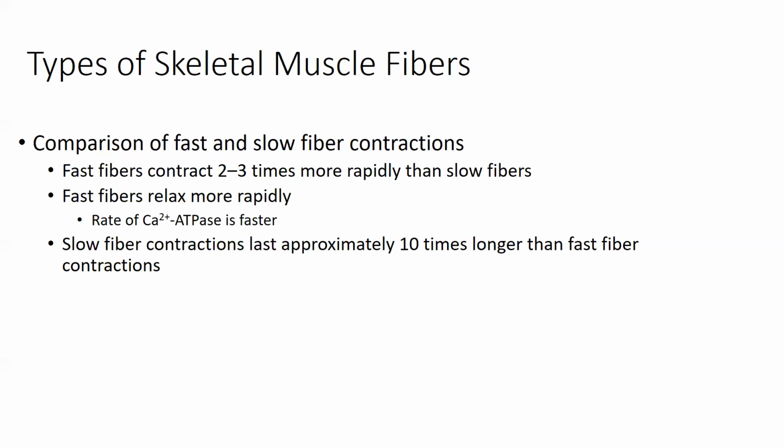And when I say contract, you should be visualizing what happens with cross-bridge cycling. That myosin head reaches up, grabs actin, drags it to the M line. It's going to be doing that at a much faster rate if it's a fast myosin. Right? The second thing we'll see is that it relaxes faster. Okay? And what is the step that's required for muscle relaxation?